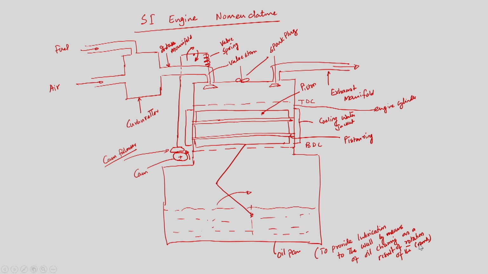Right. Due to the presence of the spring, the valve will be normally closed. So I am writing here, due to the presence of the spring, the valve will be normally closed.